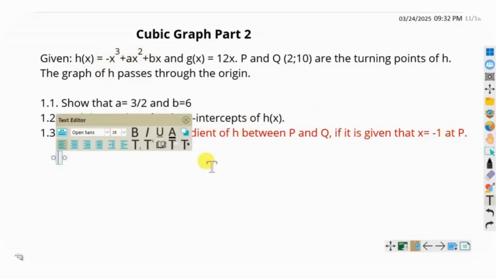So h at negative 1 equals, this means the x value is negative 1, negative 1 times negative 1, plus 3 over 2 times negative 1 squared, plus 6 times negative 1.